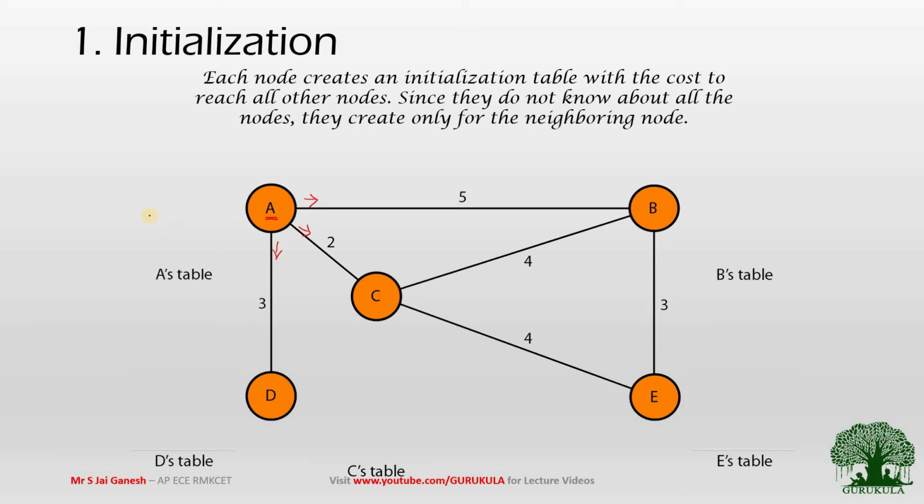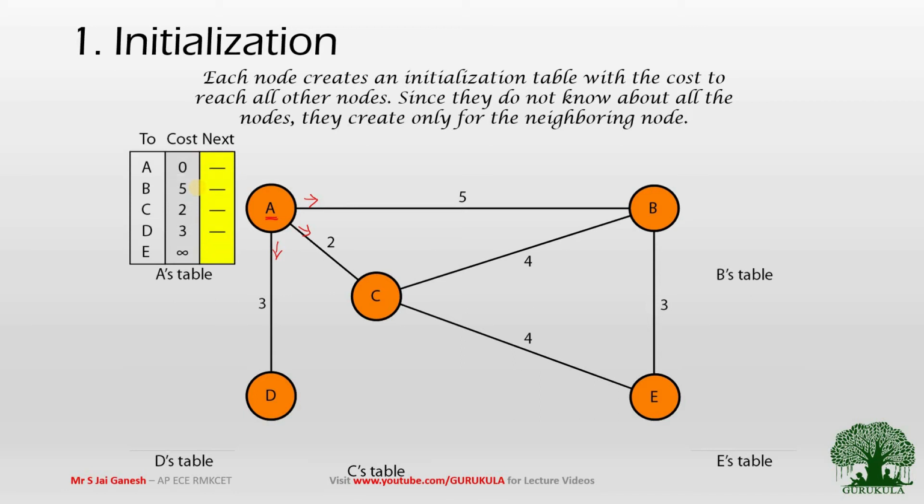So node A will create its initialization table with the information of the directly connected nodes only, not the indirectly connected nodes. As you can see, this is not actually the routing table, this is what we call the initialization table. The first column represents the destination, where the node has to reach, and the second column represents the cost.